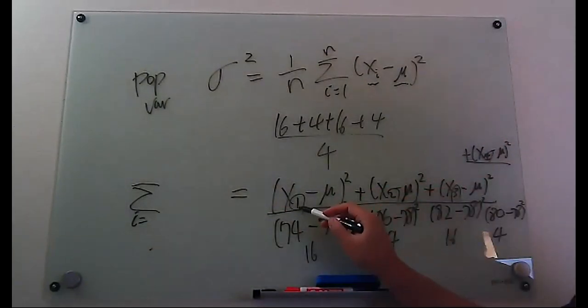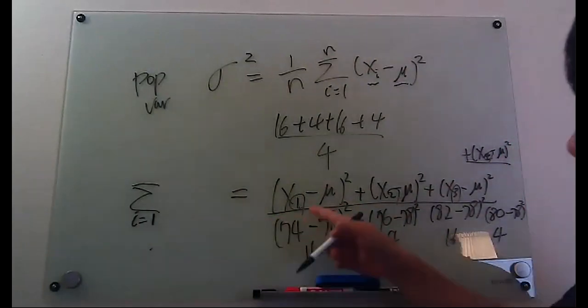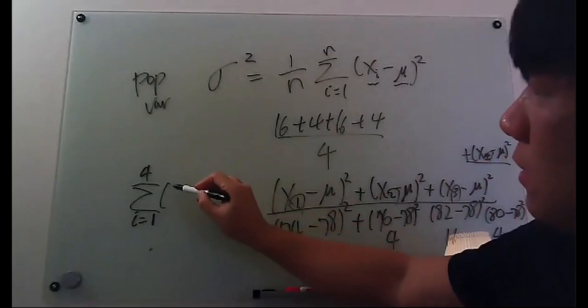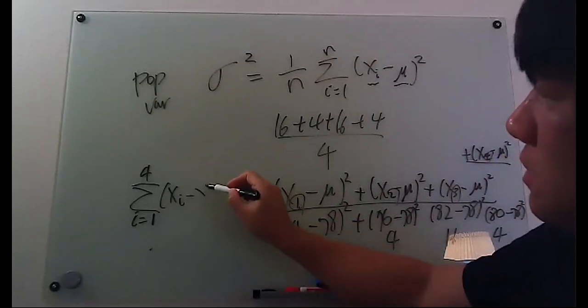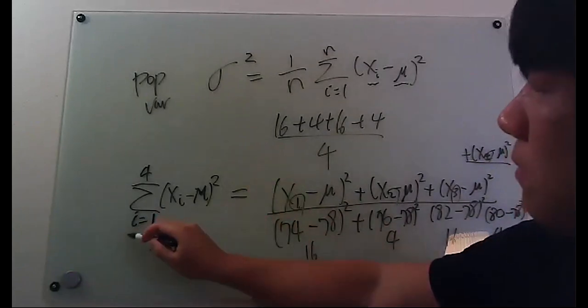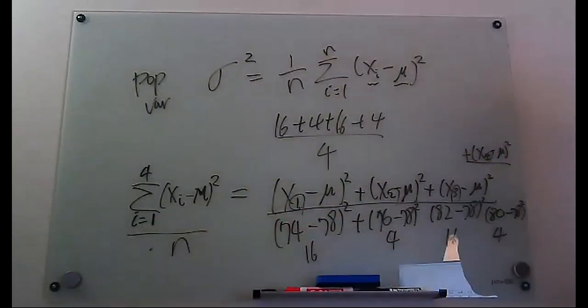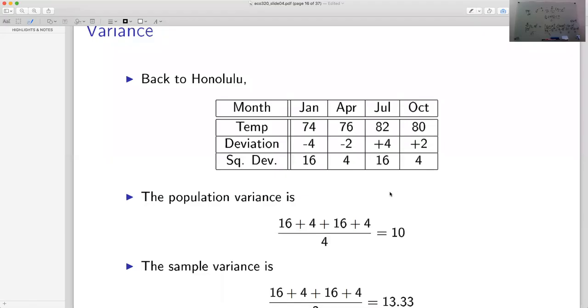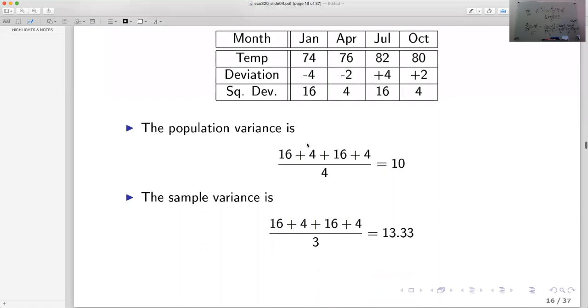So i goes from 1 to 4, and then it's xi minus mu, squared, and just divide by n. So the notation is not really confusing. Okay, the next thing: that was the population variance, which was 10.